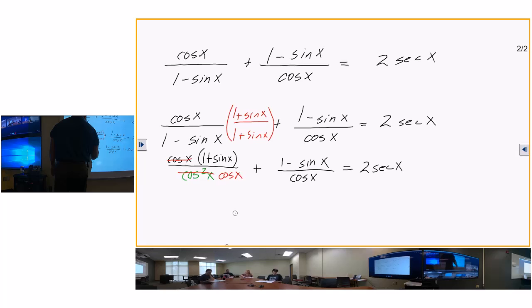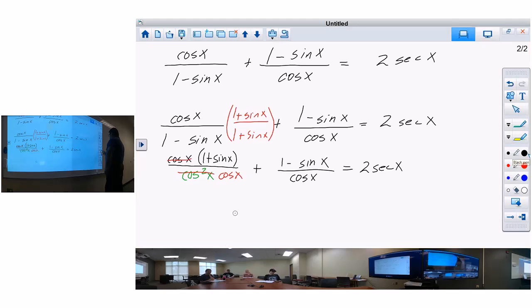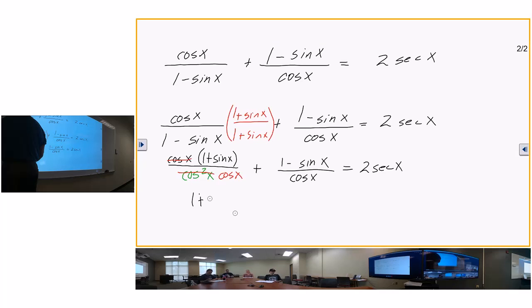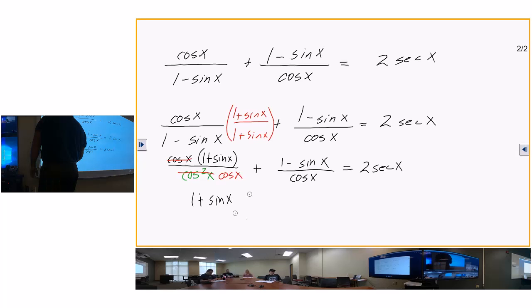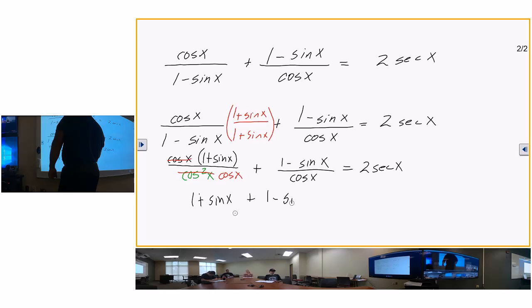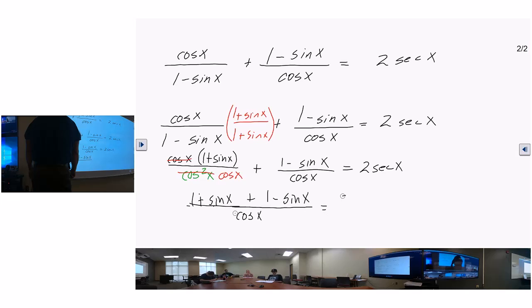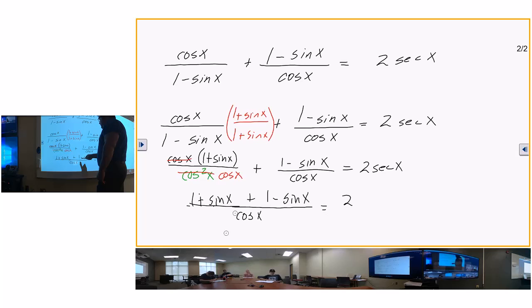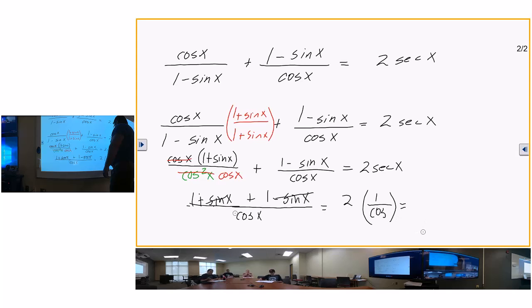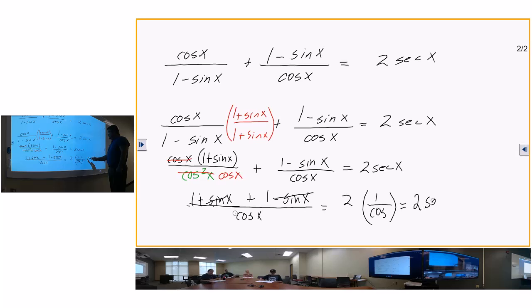And that's going to give you a common denominator of cosine of x. So you're going to get 1 plus sine of x plus 1 minus sine of x over the cosine of x. And 1 plus 1 is what? 2. And then the signs cancel. And then you're left with 2 over cosine of x, which is 2 secant x.